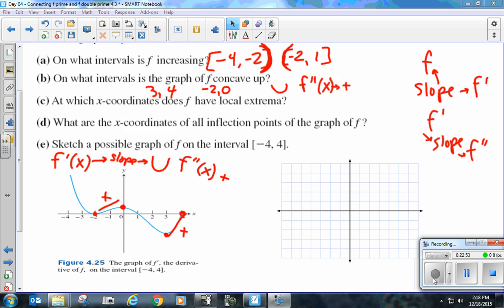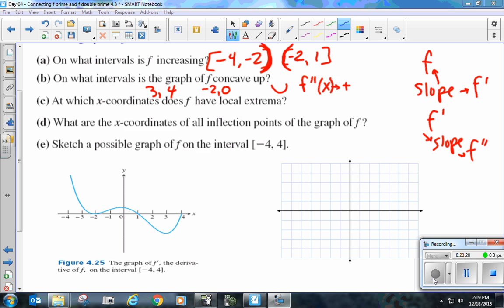Let's look at D. At which coordinates does f have local extrema? Local extrema are at critical points, right? Is that first or second derivative? First derivative. So the critical points are when the first derivative is 0. This is the first derivative. Where is it equal to 0?